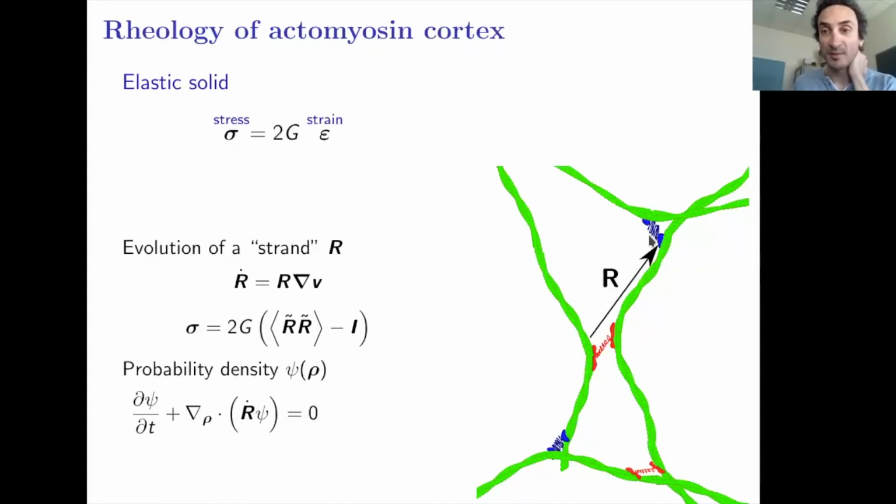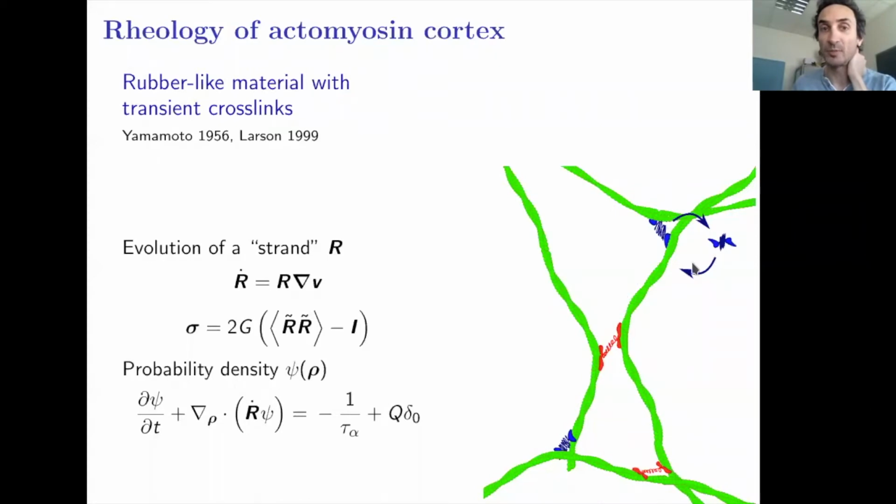Now, what happens if these crosslinks, as is the case in living systems, are not permanent but only transient links? This is something that has been considered a long time ago for rubber-like materials.